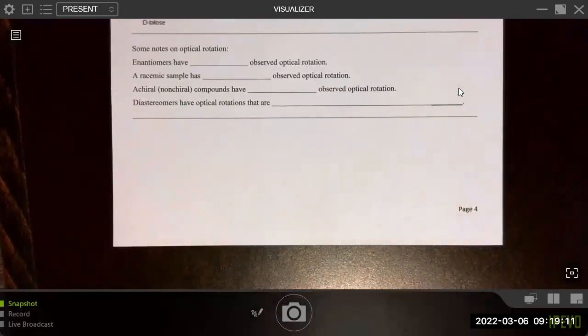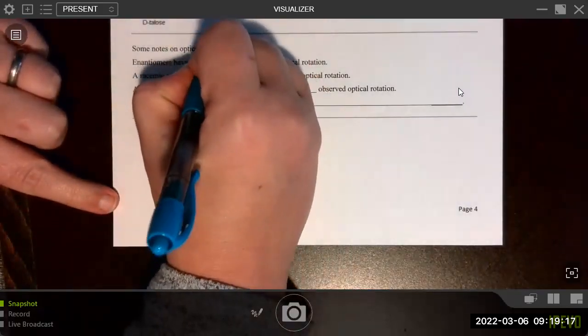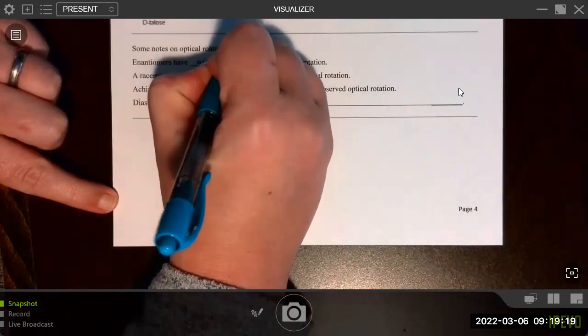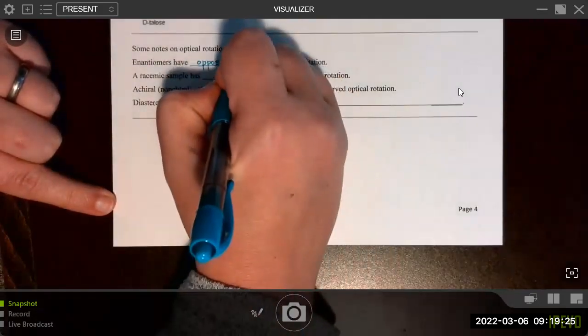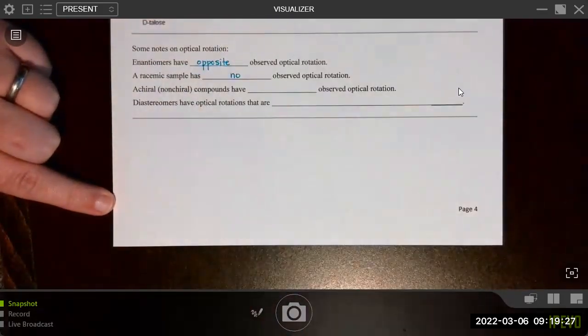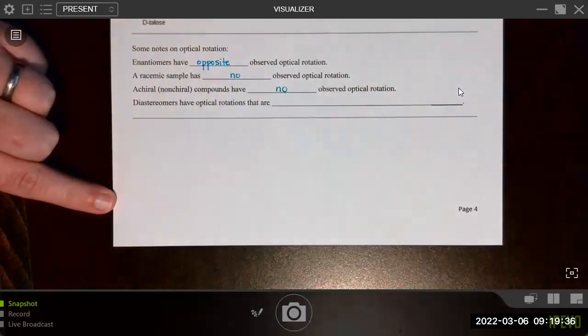So some notes on optical rotation. Enantiomers have, I might say, opposite observed optical rotation. A racemic sample has no observed optical rotation. And an achiral or non-chiral compound would also have no observed optical rotation.